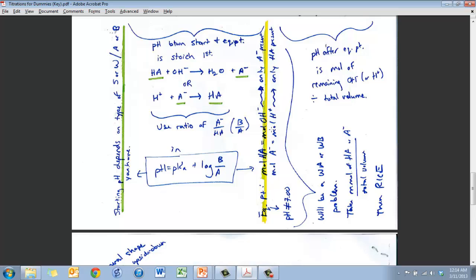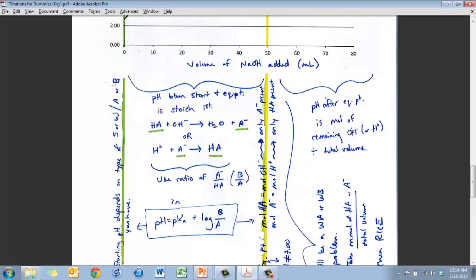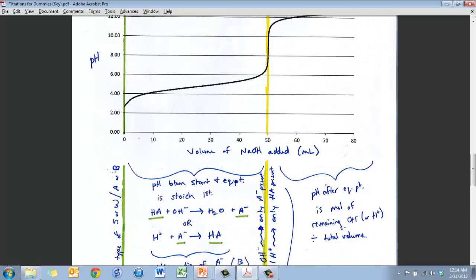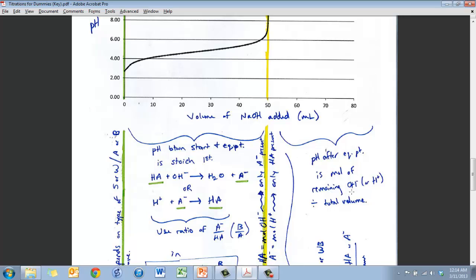Okay, make sure you practice those. Once you go beyond the equivalence point, the pH after that point is what's left over. Either your strong base you're titrating with, or maybe a strong acid, depending on the type. Divide by new total volume, and from there you can find either pOH, then pH, or pH straight up if you were titrating with a strong acid. Okay.